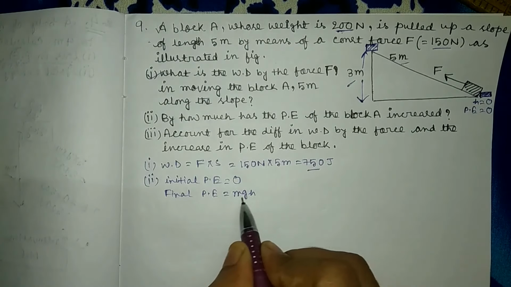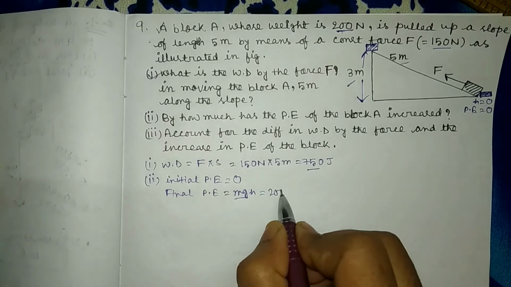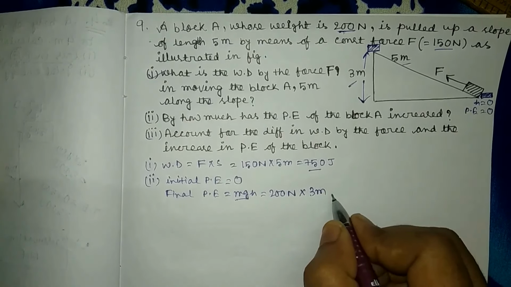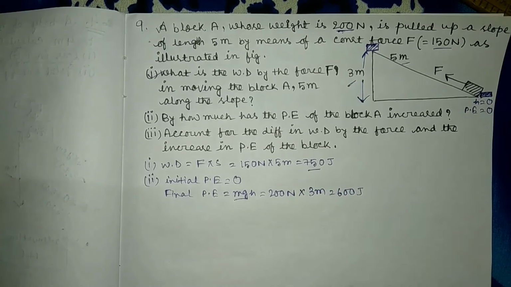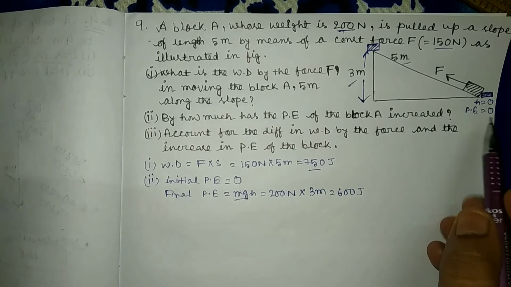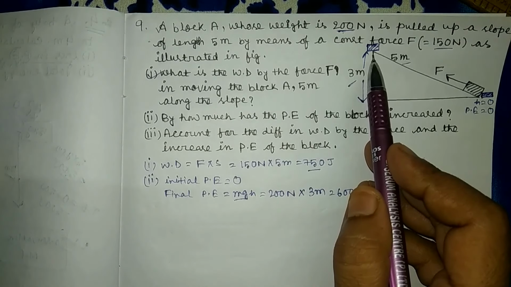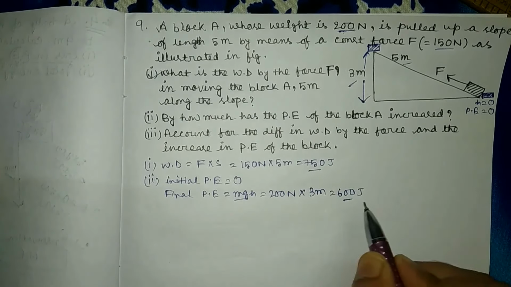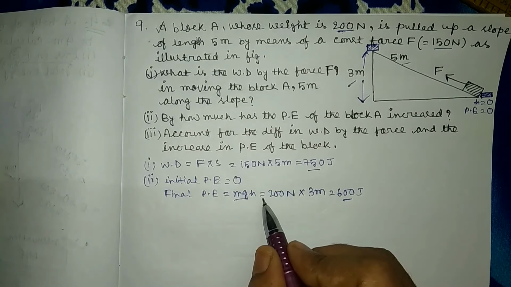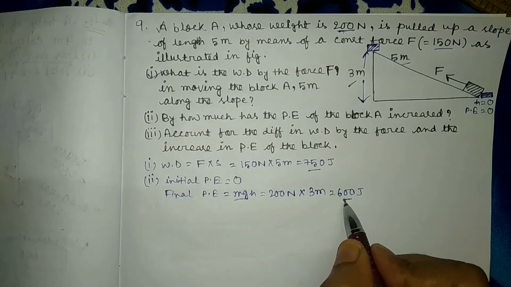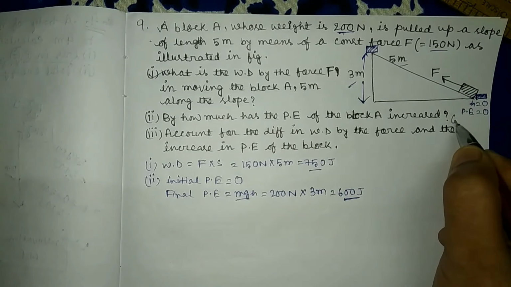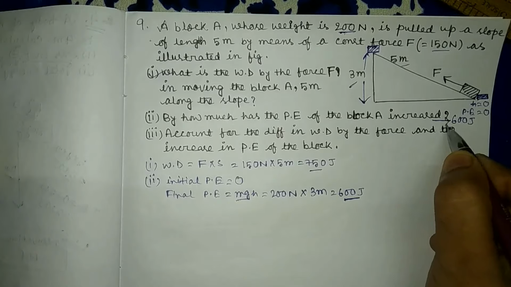Therefore, mgh will be equal to 200 Newton into 3 meter. That will be equal to 600 Joule. So at first potential energy equals 0. After reaching the top of the inclined plane, it increases to 600 Joule. Therefore the difference, that is the increase of potential energy, equals 600 Joule. So the answer will be 600 Joule, right?